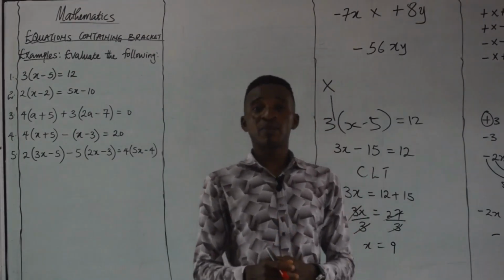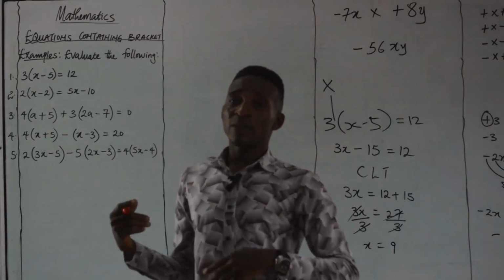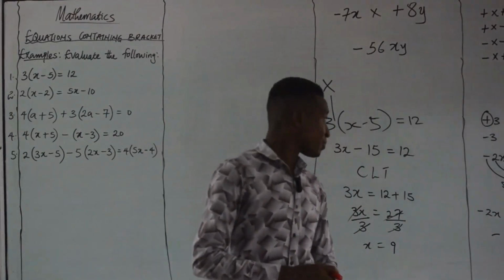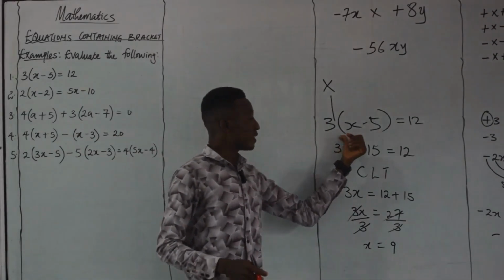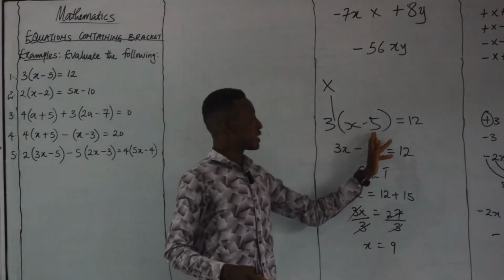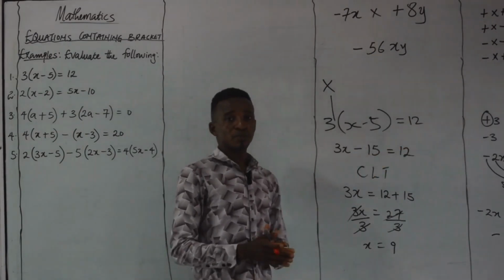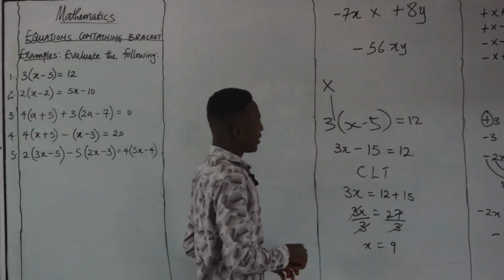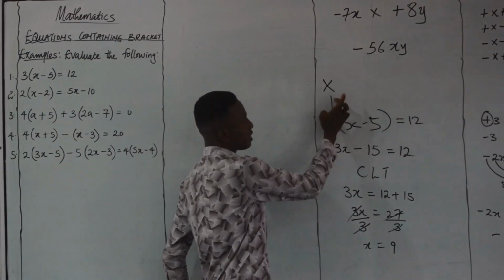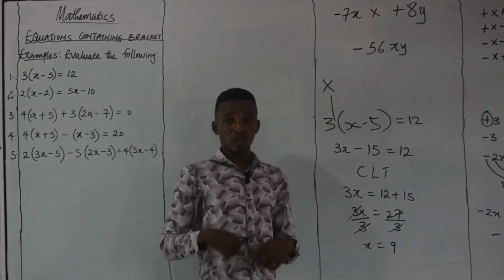Now let me quickly recap before we write it inside our notes. To recap, when you have an expression like this, 3 into brackets x minus 5 equals 12, the first thing we need to do is know that there is an invisible multiplication here, which nobody will tell you.